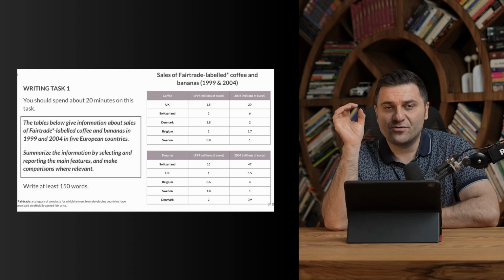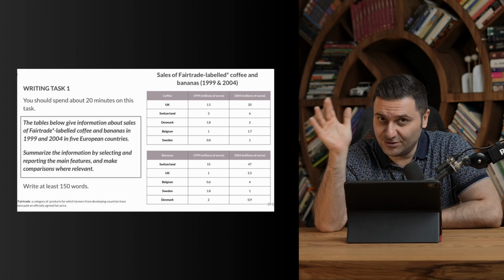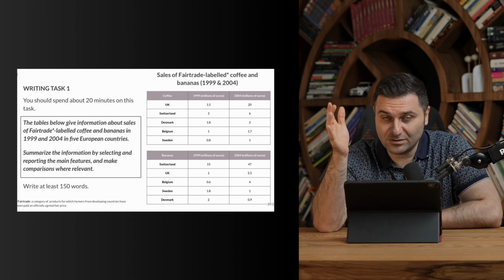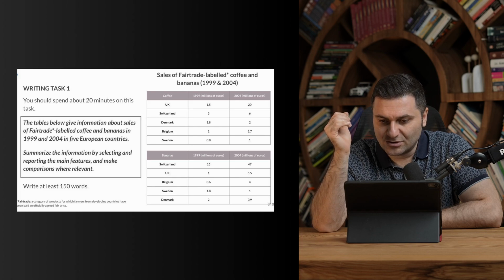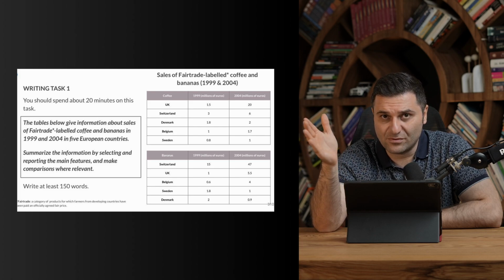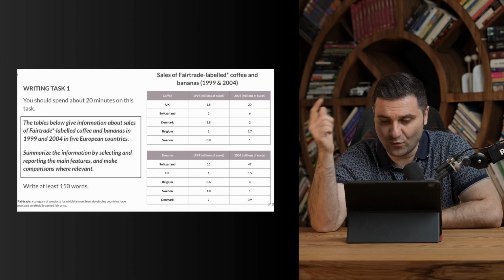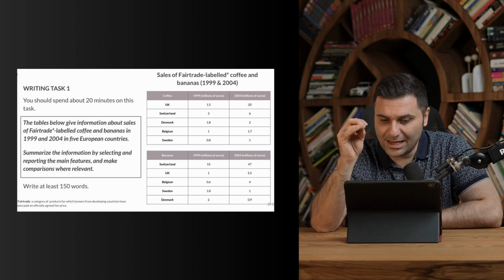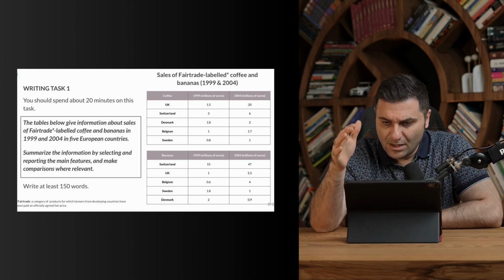So the time period is 1999 and 2004. So it is table and trend. So we're going to analyze the information during the time period, 1999 and 2004. And we have two categories, coffee and bananas.